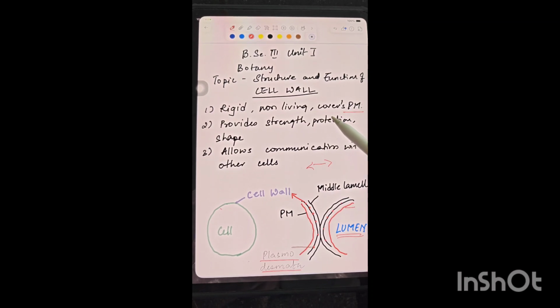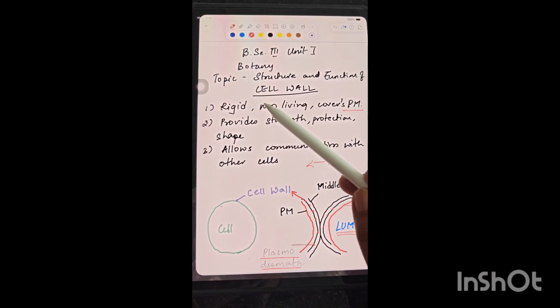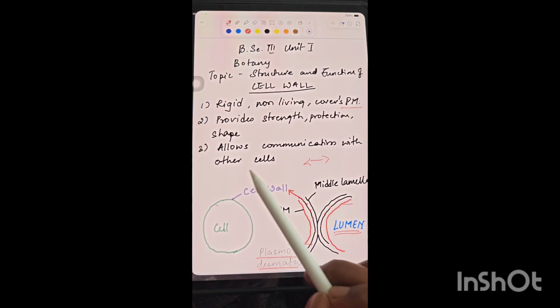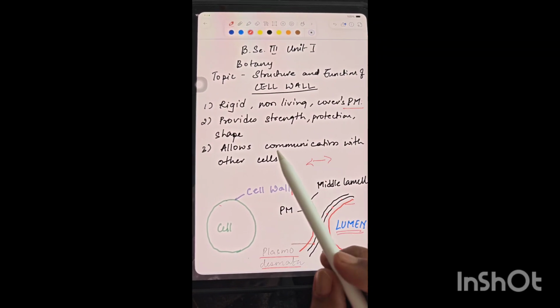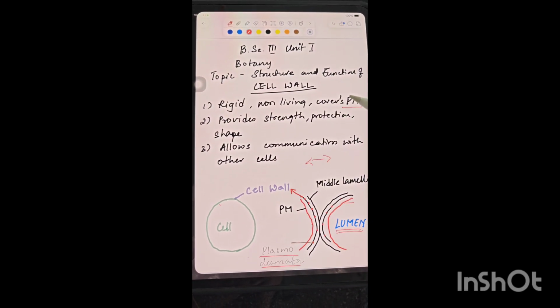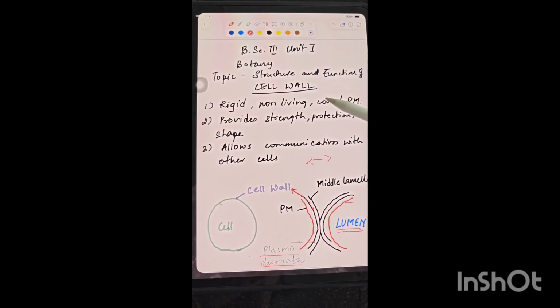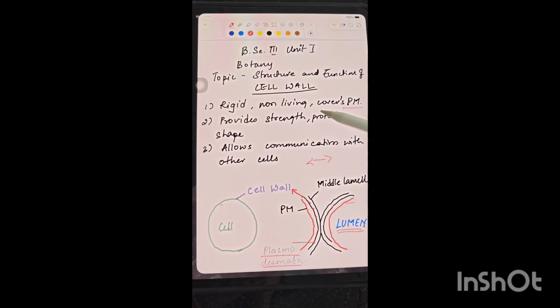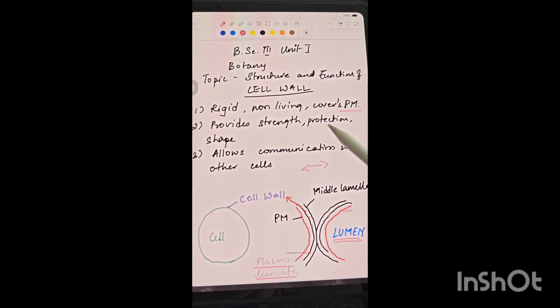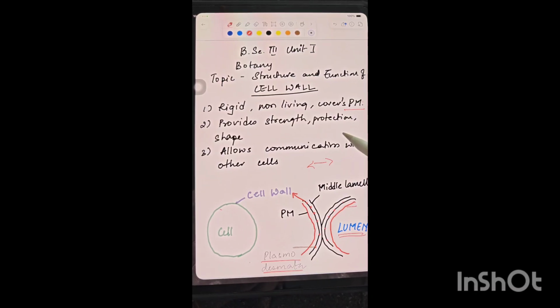In an animal cell you will not find a cell wall. Plus, it allows communication between the other cells. Yes, definitely, as in any room there are doors and windows for entry and exit, and windows help to let the light in.